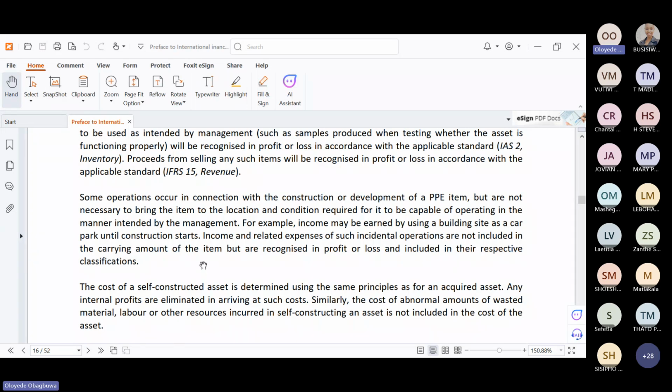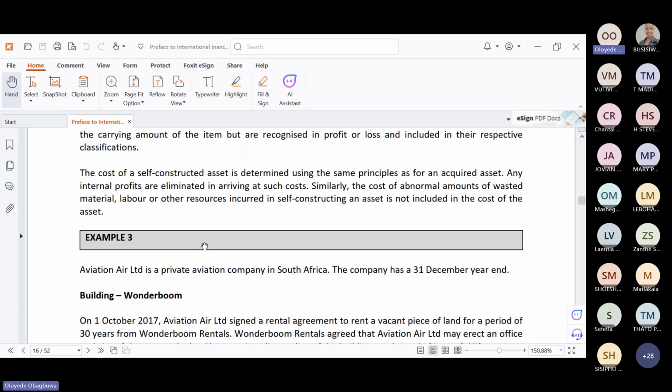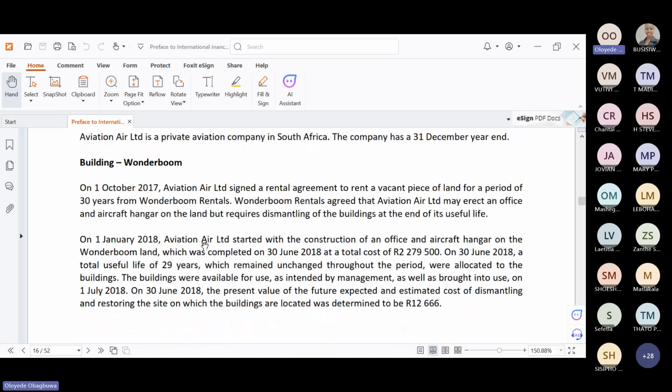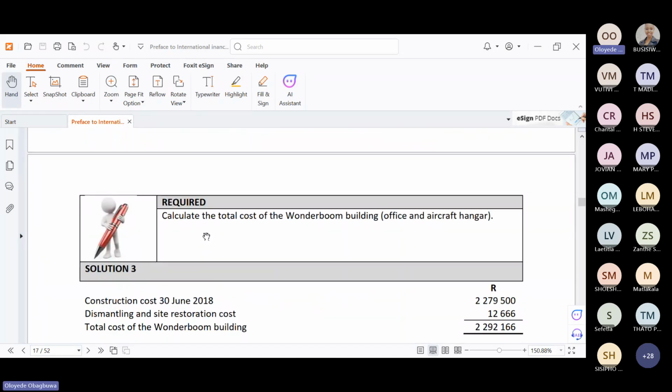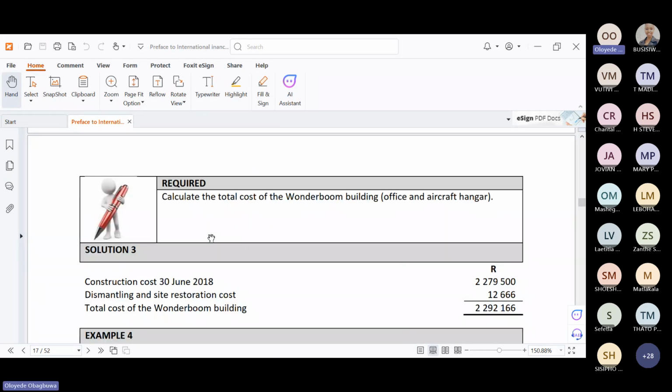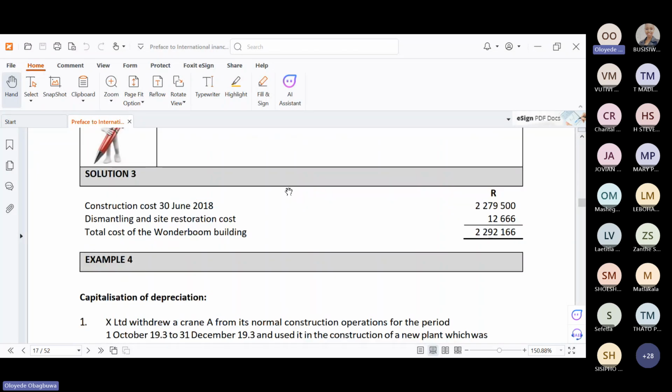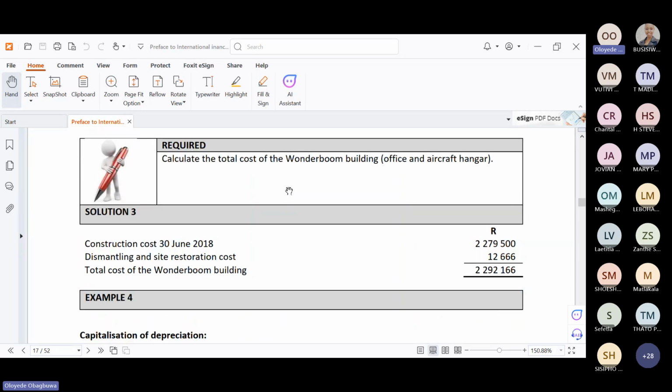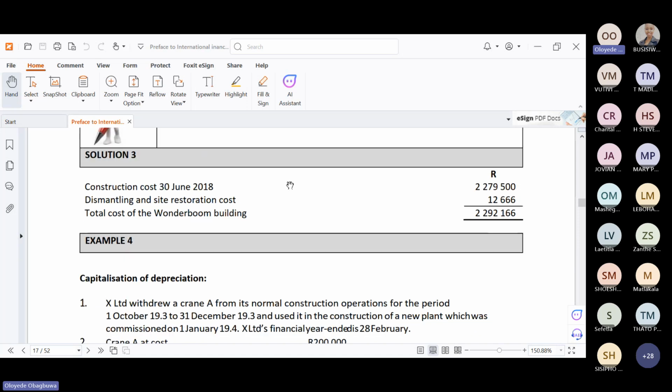I think you should just read it carefully. The cost of dismantling is part of the cost that is traceable to that land. Okay, so you are correct. You just add the cost of dismantling there.